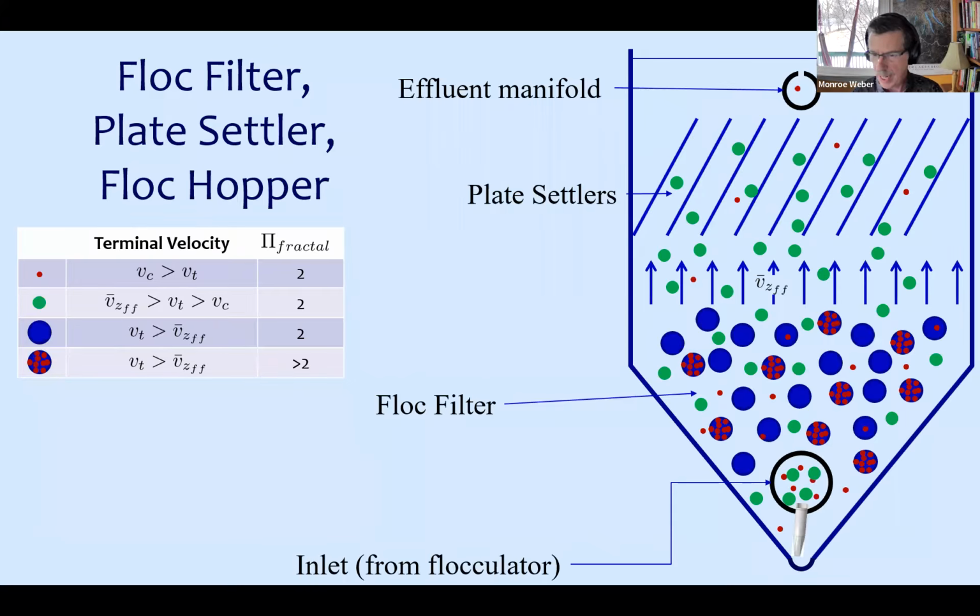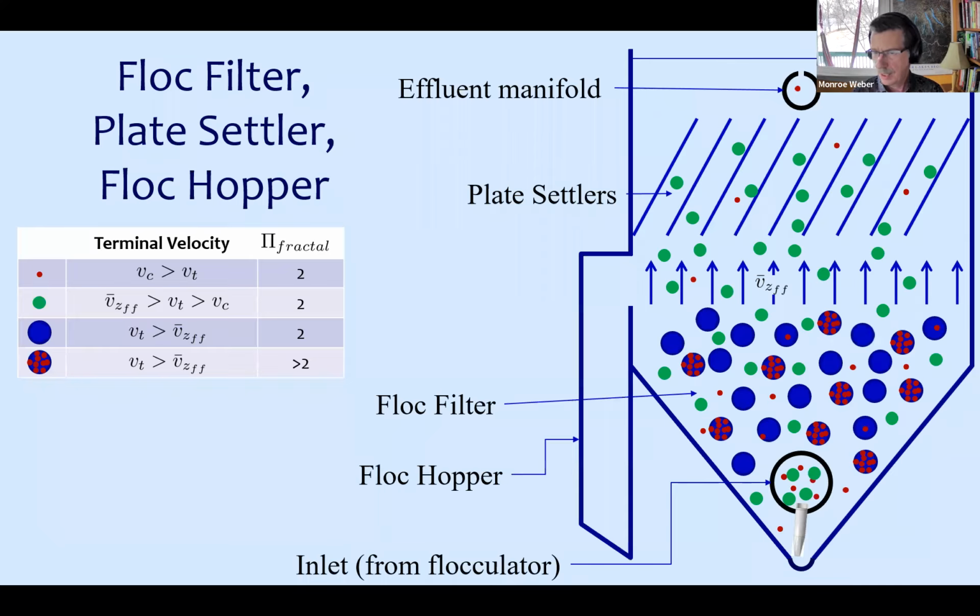And that's going to be, what did I forget? It's going to be a floc hopper that I'm showing here on the side of this floc sed filter.